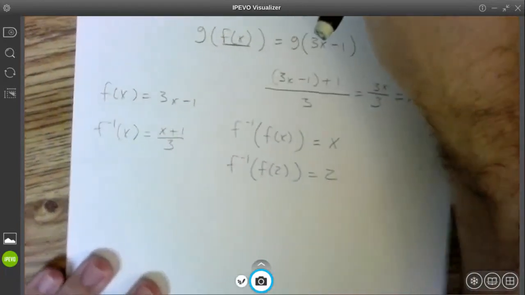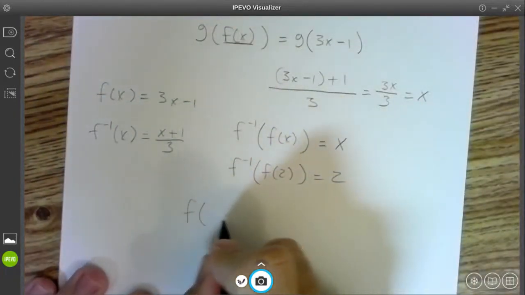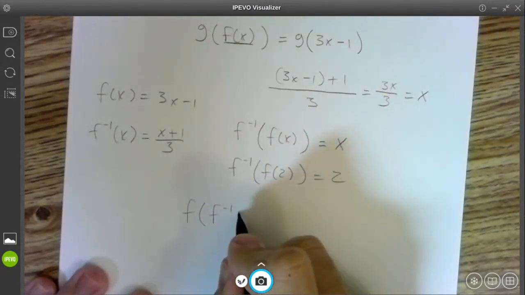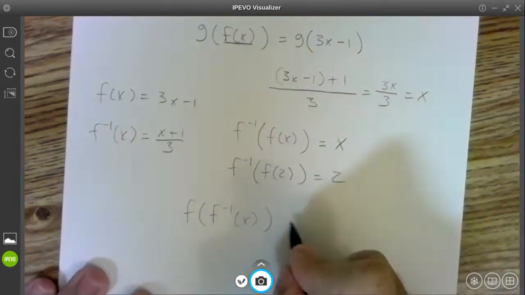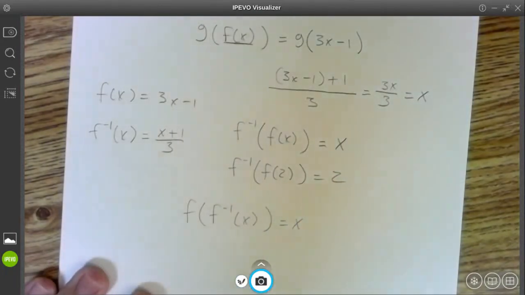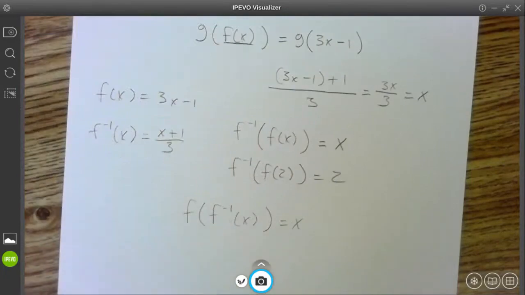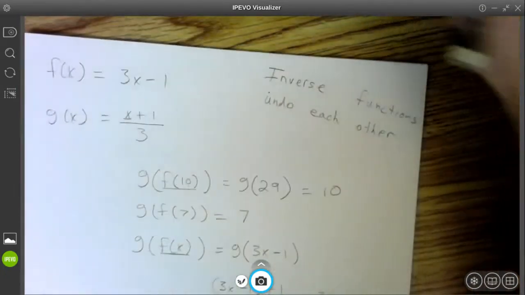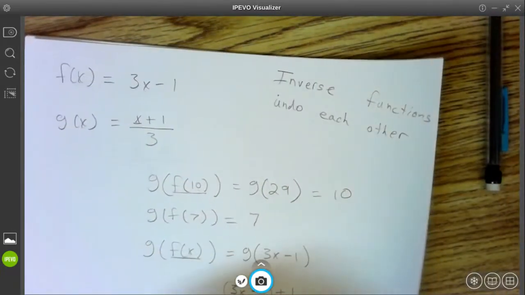If you do the original function composed with the inverse function like this, it's also going to work out so that these two just cancel each other out, and you're left with x as well. So the order in which you're composing them doesn't matter. When you compose two inverse functions with each other, they cancel each other out.